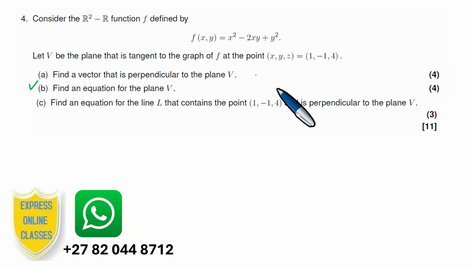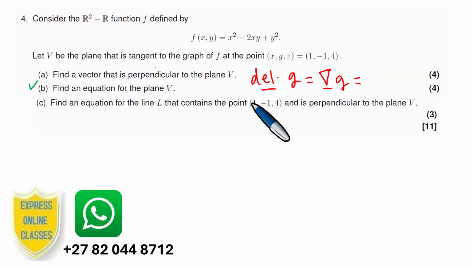We just used del of g, but del of g is also written like this, and it is also called nabla. So it would be nabla of g.